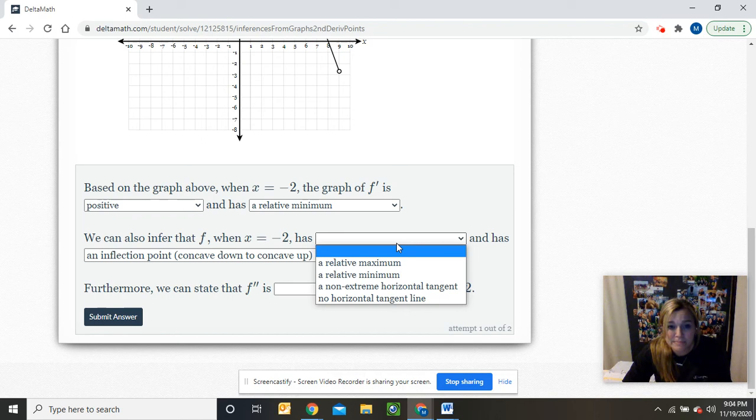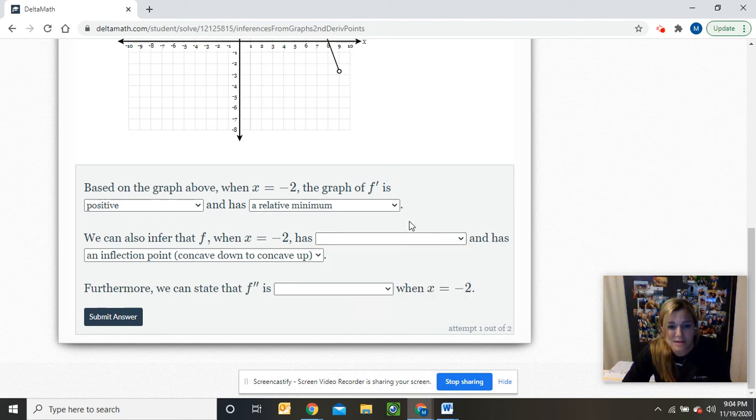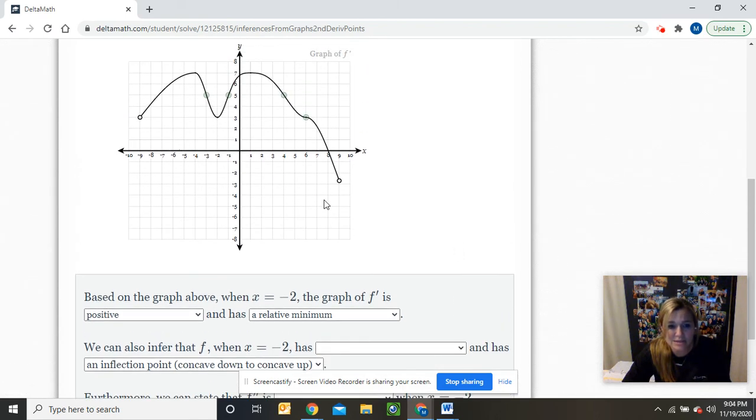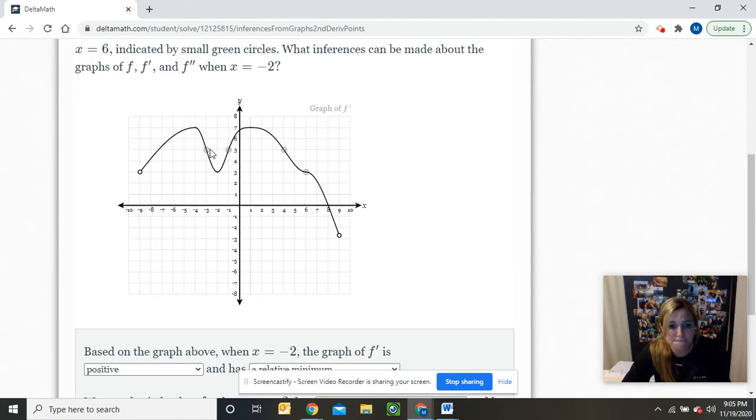In this one, do we know anything else at x equals -2? If this is the graph of f prime, do you see how f prime is positive right here, above the x-axis?